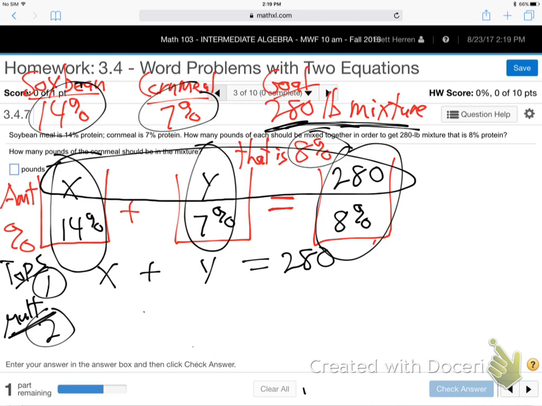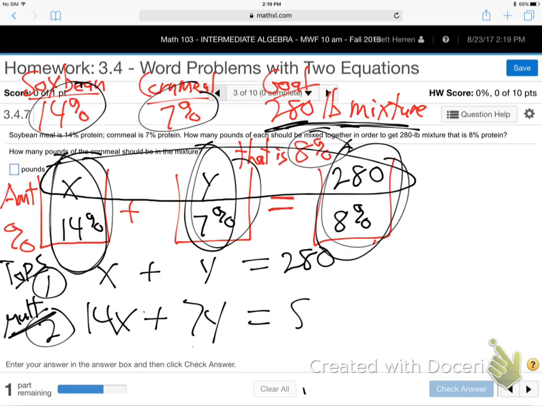When you actually do these mixture problems, just go 14x. Don't even make it 0.14. Make it 7y. Don't make it 0.07. Make it 8 times 280. Don't make it 0.08, because you could just get rid of them anyway with 100. So we'll just take them as straight whole numbers, not decimals. That's the first thing I want to say.